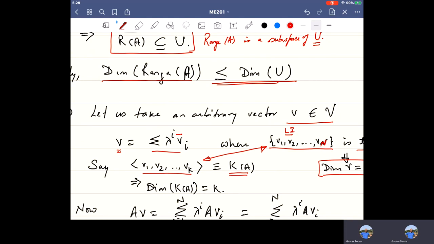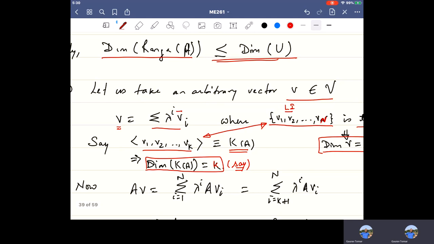We are saying v1 to vk are spanning the kernel space. That means the dimension of the kernel space is k. Let's say for a given problem, that's the case. k can be 0, k can be n. k will be n for a zero mapping, if A is mapping every vector to 0.